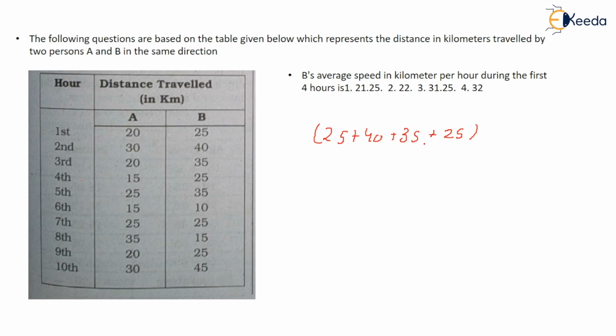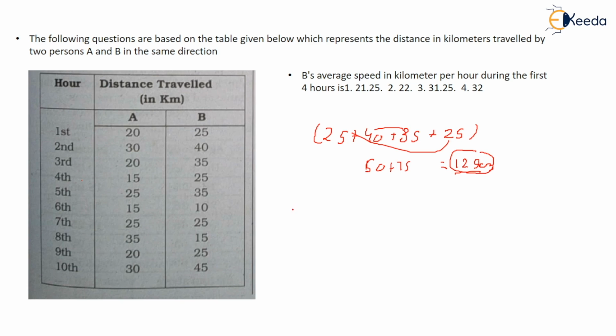So when you add all this, 50 plus 45 is 95... 45 plus your 30, that is 75. Okay, 50 plus 75, this comes out to be 125.